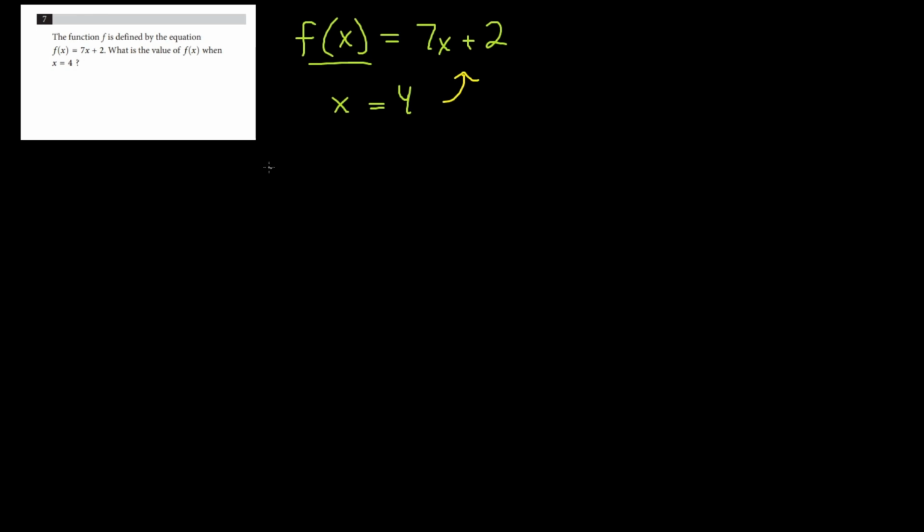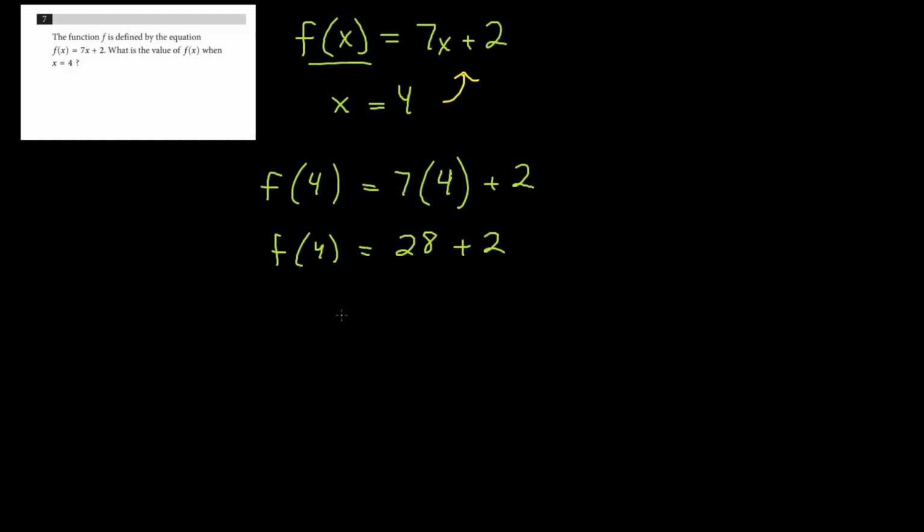So f of 4 is going to be equal to 7 times 4, because we substitute that 4 in for x, plus 2. So then we get f of 4 is equal to 7 times 4 is 28, plus 2. So f of 4 is equal to 30.